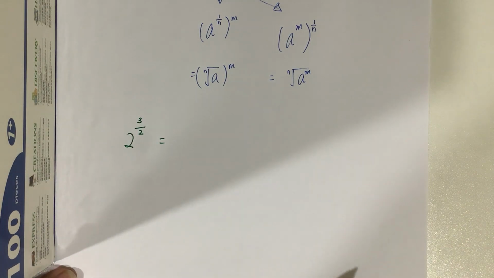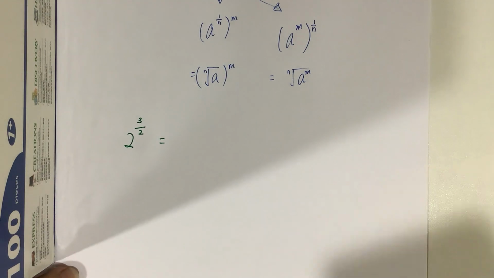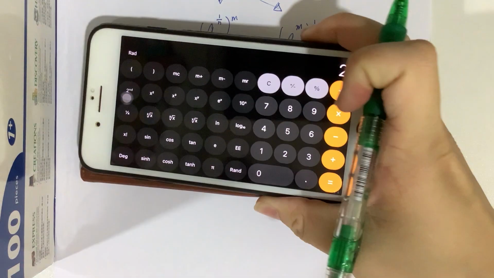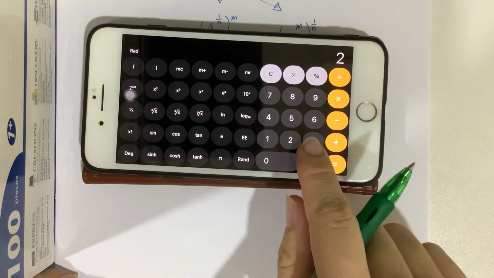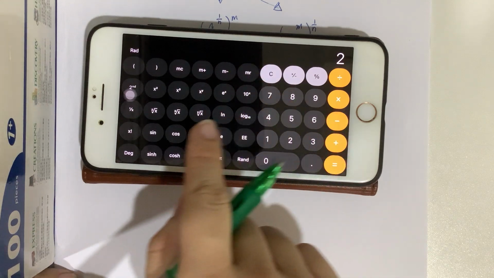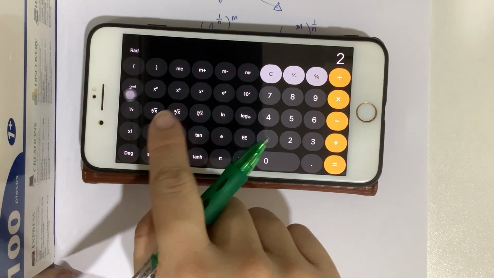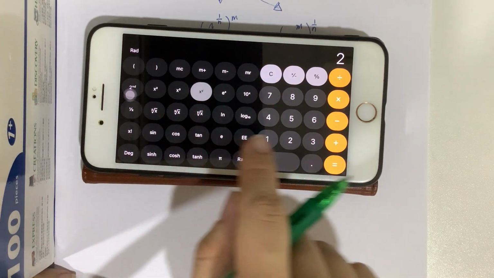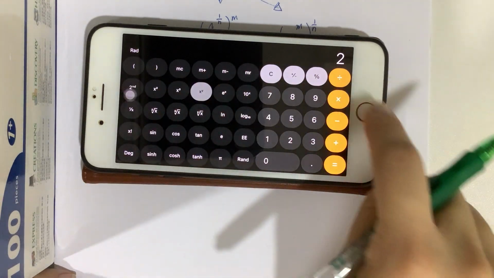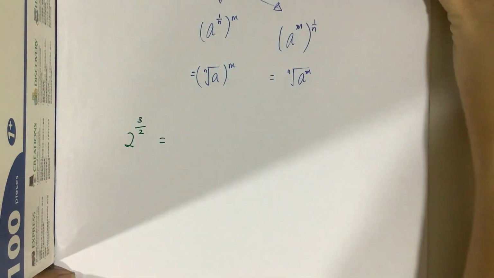So what does this mean? If you press on the calculator, let's pull out my calculator. Oh no, I don't know how to use this calculator. Anyway, let's work it out slowly.